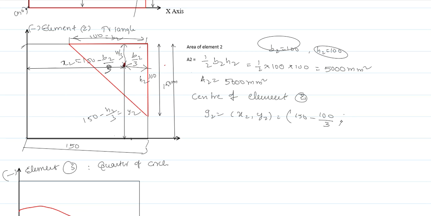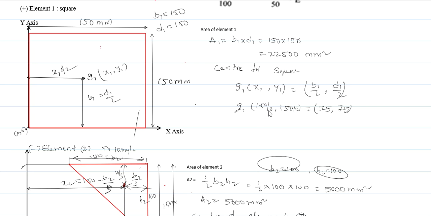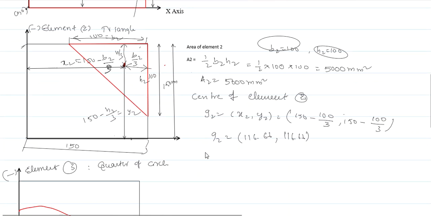So 150 minus 100 by 3. So G2, x2 comma y2, you will get 116.66 mm, 116.66 mm. Remember one thing, x1 y1 is the same, x1 is 150 by 2, that means 75, y1 also 75. Similarly, x2 is 116.66, y2 is equal to 116.66.